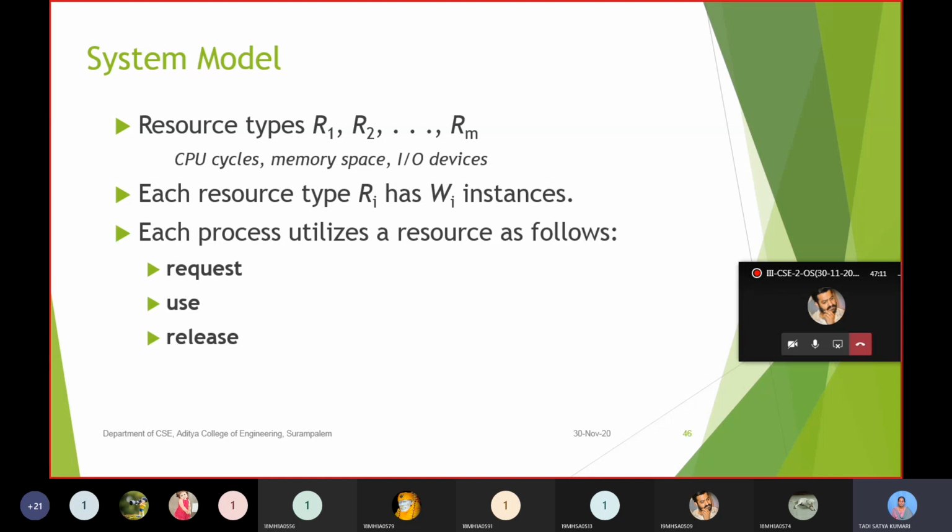Every process will go through these three steps when it wants to use a particular resource. It may be the CPU, it may be primary memory, secondary memory, or any auxiliary memory which we have connected like pen drives, CDs. And we have so many input output devices.